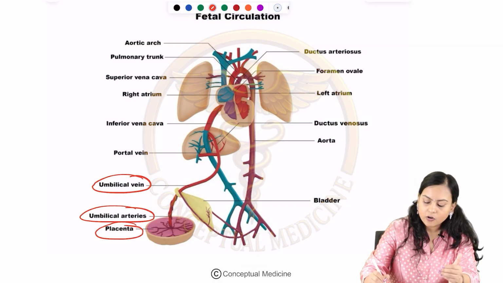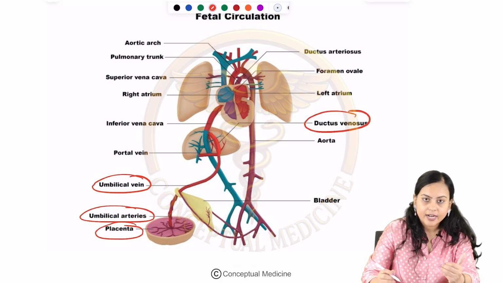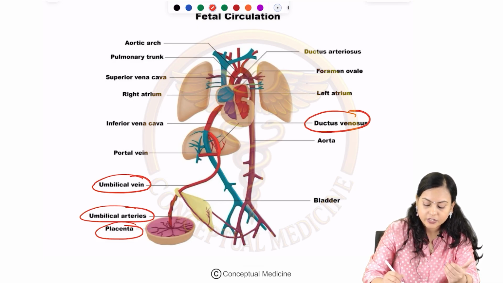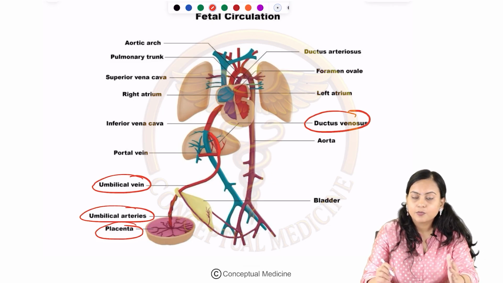So there is no need of supplying oxygenated blood to the portal vein. So there is a shunt called the ductus venosus. This is the ductus venosus, which is a connection between the inferior vena cava and the umbilical vein. So most of the purified blood that is received from the placenta will be shunted into the inferior vena cava. Inferior vena cava contains both oxygenated and deoxygenated blood.